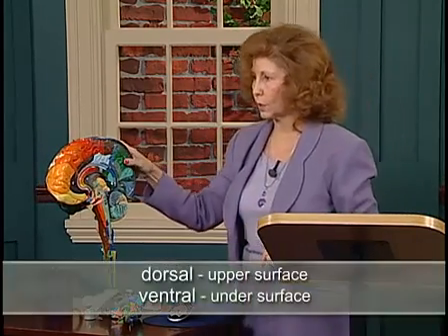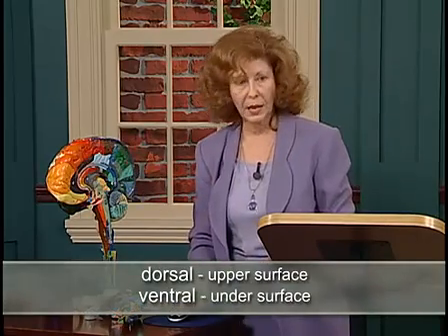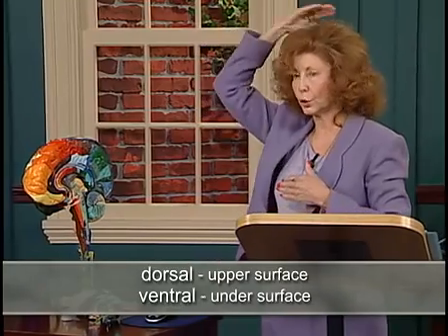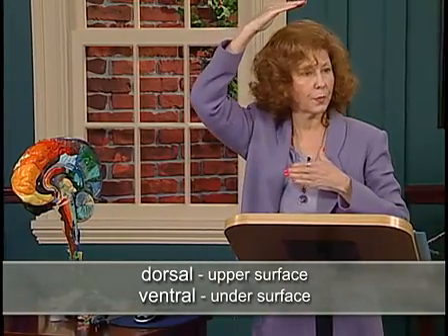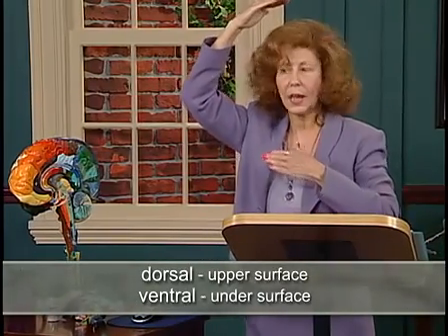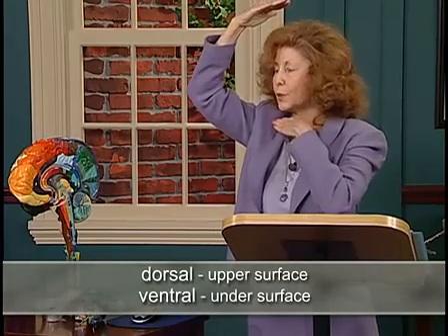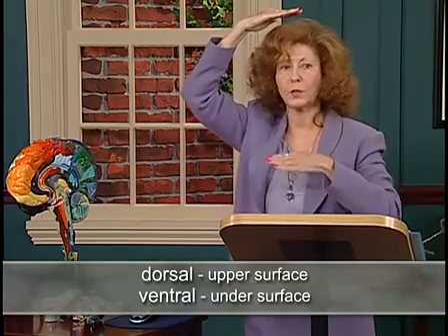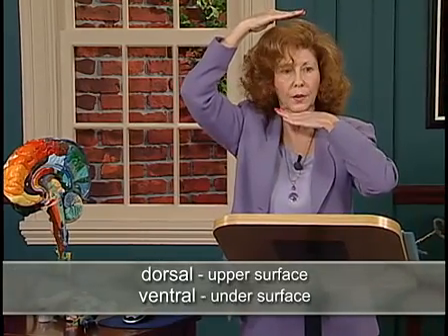Now, there are two other terms: one is called dorsal and one is ventral. Dorsal refers to the upper surface of the brain, and ventral refers to the undersurface. So this would be dorsal in the hemisphere, and this is ventral under here.